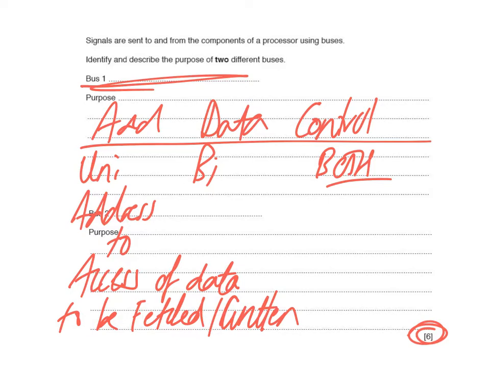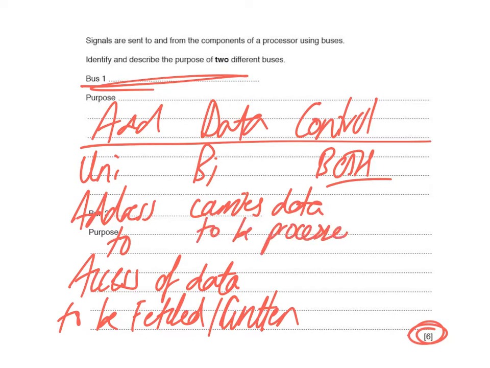Data bus, so obviously to say it's bidirectional, and it carries data to be processed, i.e. it needs to be decoded and executed. And then we cover the control bus there. It carries signals to the other parts of the processor.